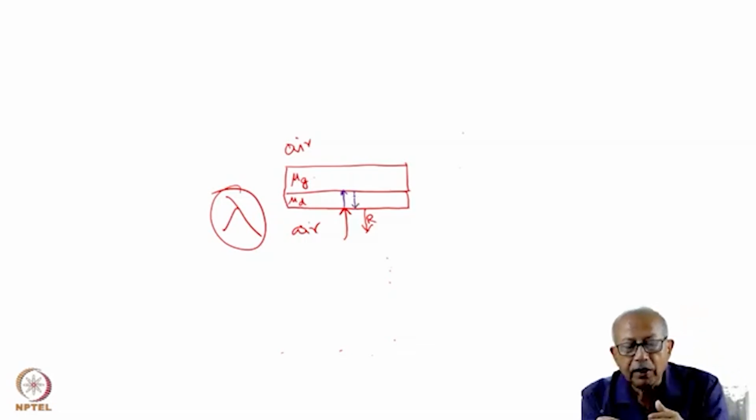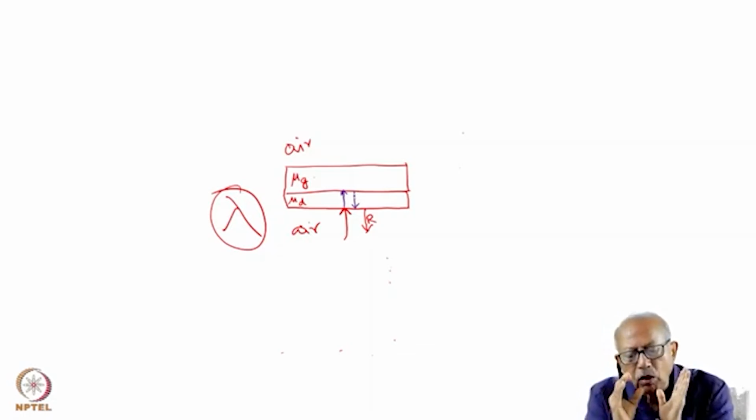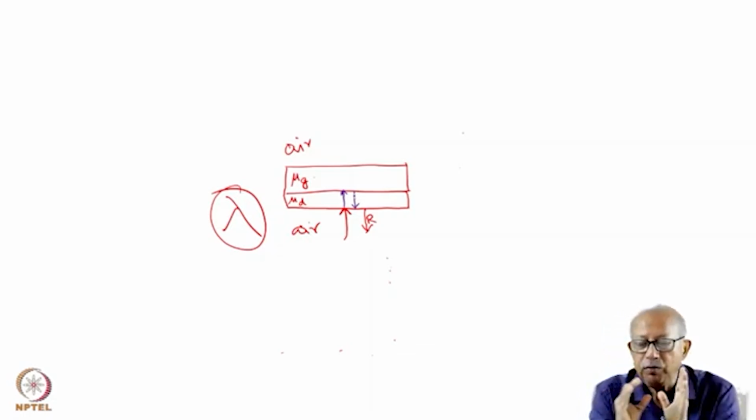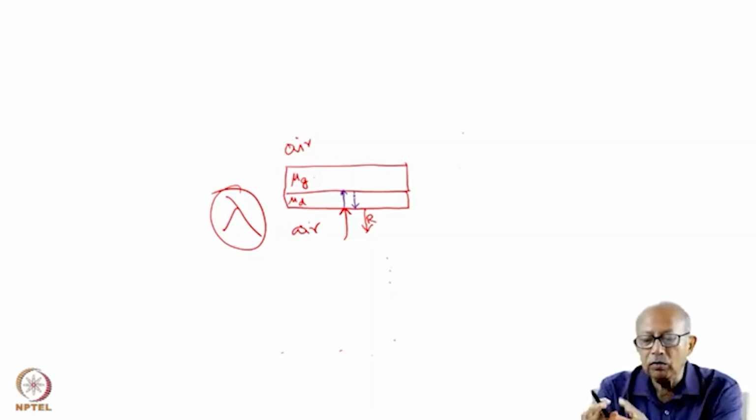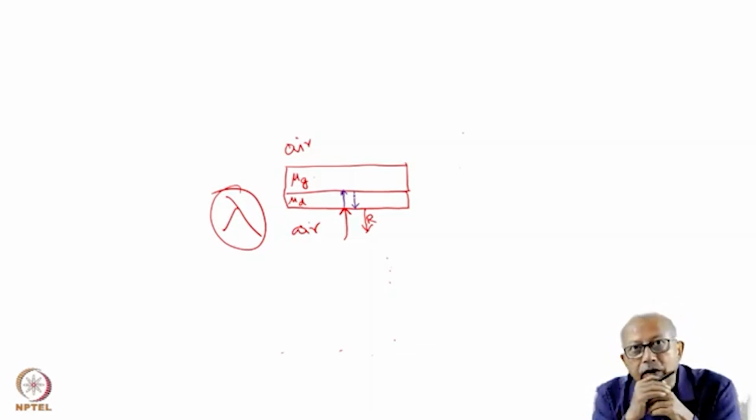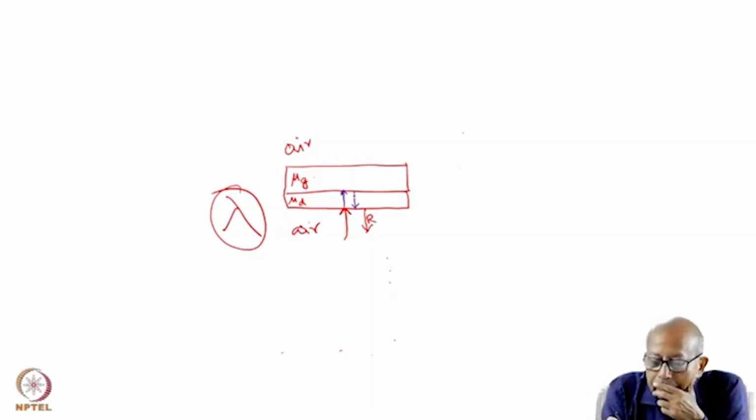For glass and air, it is 4%. For the dielectric and the glass, depending on the refractive index, it is a small percent, maybe 4 or 5. We need not calculate it exactly. Some part will be reflected. And then this again falls on the dielectric to air interface.